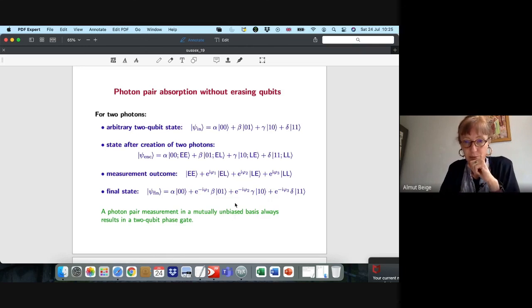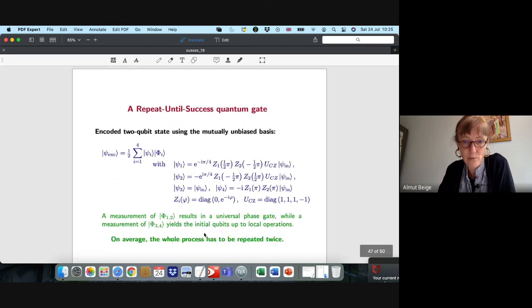And what we found is that these measurements of states like this can be performed, and you can measure, even if you can't measure a complete set of basis states where all of them are entangled, because you never lose your information, you can design a repeat until success quantum computing gate.